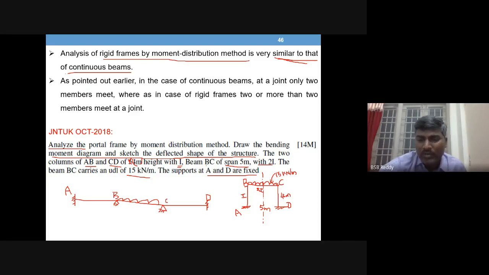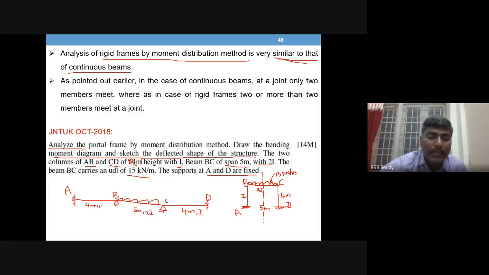All the properties are similar to the left and right of this midpoint, hence it is symmetric. So just take this as a continuous beam and analyze it. So it's 5 meters, 2I, I.